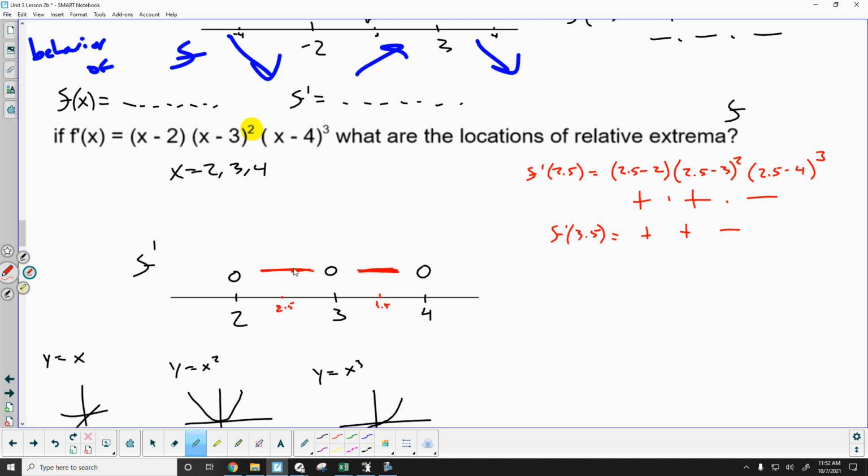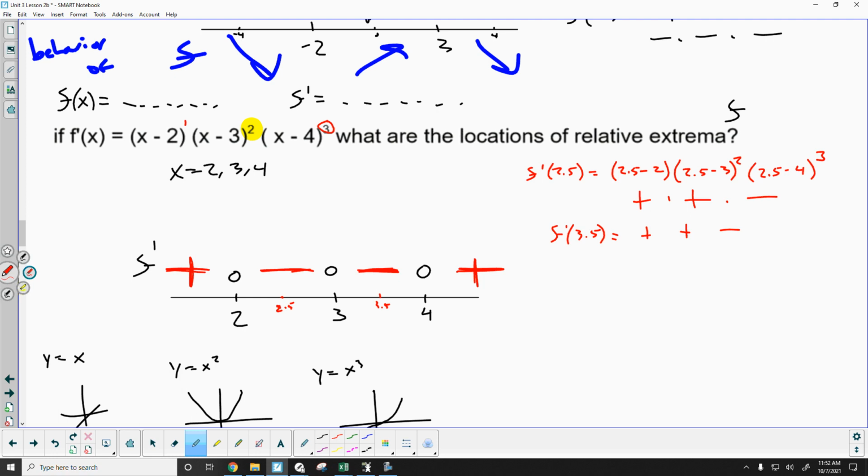I already tested this first interval. At 2, the multiplicity is 1. Y equals x just passes through the x-axis. It changes sign, so we change signs at 2. X minus 4 cubed, the multiplicity is 3. It's an odd multiplicity. We change signs if your multiplicity is odd. So you got a negative here, put a positive there.